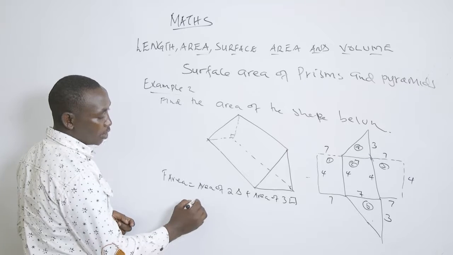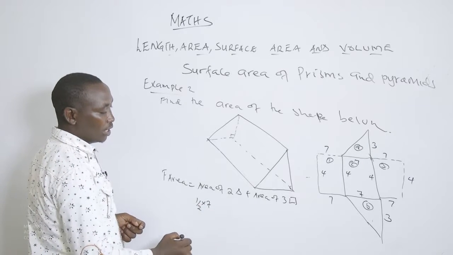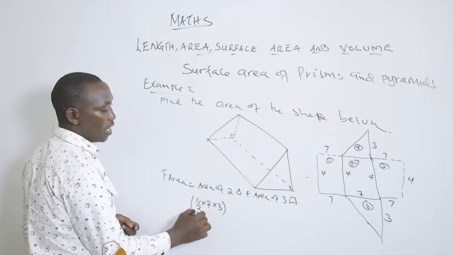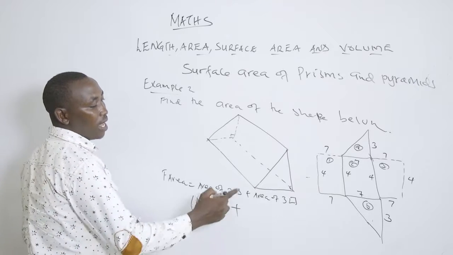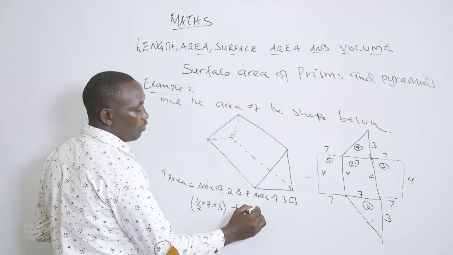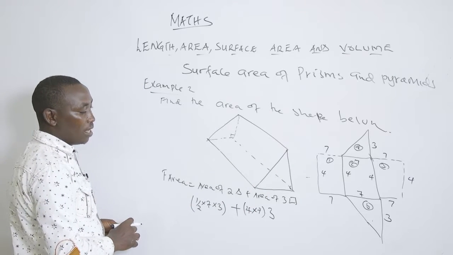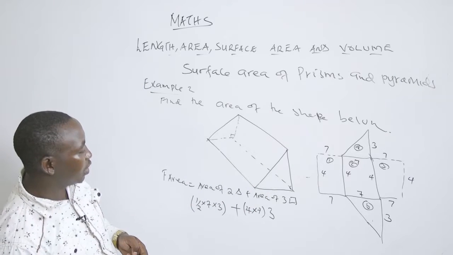Area of a triangle is normally given by half, base multiplied by the height. The base in this case is 7, the height is 3 units, plus the area of the 3 rectangles, which are measuring 4 by 7, and because they are 3 in number, we multiply by 3. So 7 by 3 will give us 21.